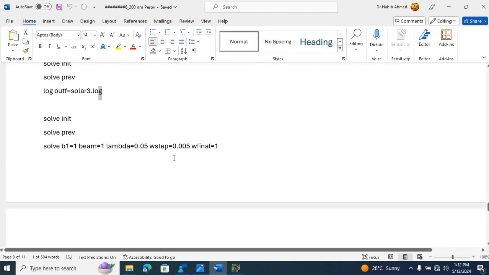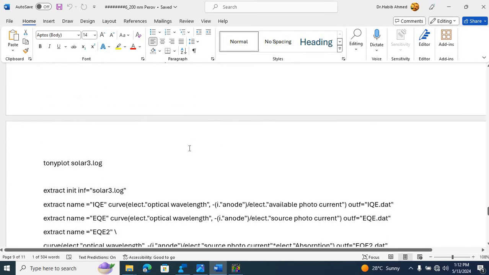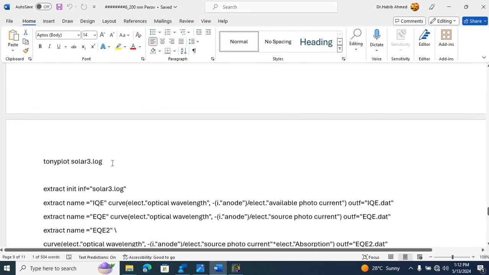and then I want to look at the spectrum in the wavelength range of 0.05 to 1 micrometers, or you can say 50 nanometers to 1000 nanometers, with a wavelength step of 0.05 micrometers or 5 nanometers. So then I plot this spectrum.